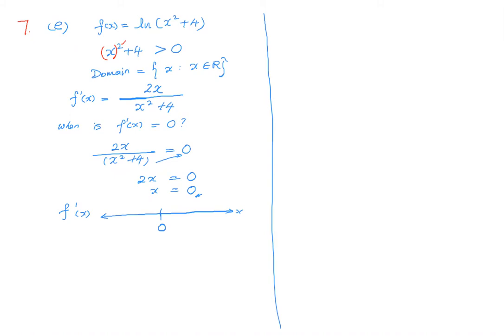For x less than 0, by looking at it, the top is negative and the bottom is forever positive, so it will be negative. If x is positive, the top will be positive, and positive divided by positive gives positive. So in conclusion, for x less than 0, f(x) is decreasing.